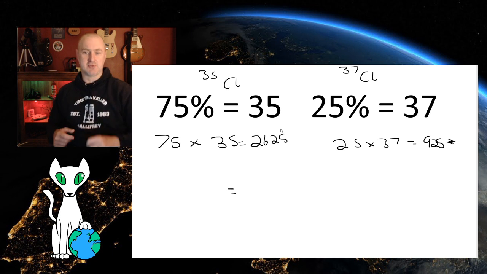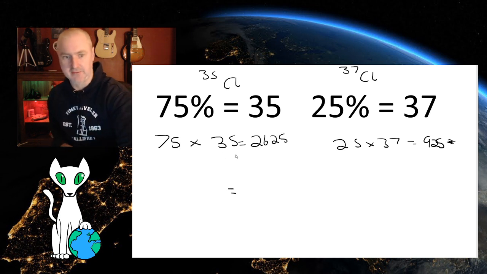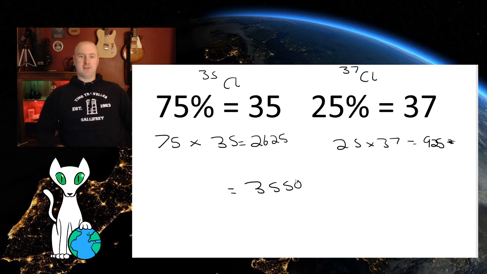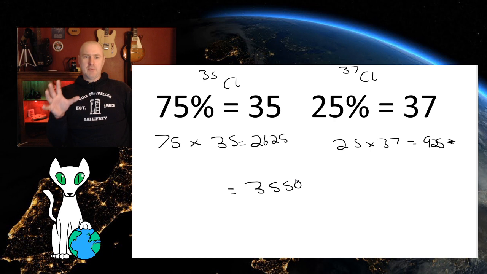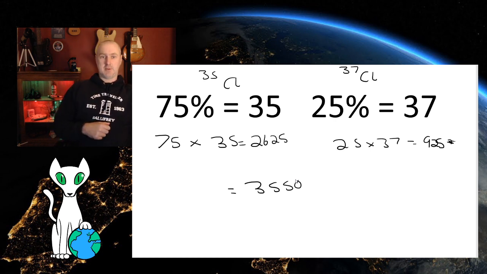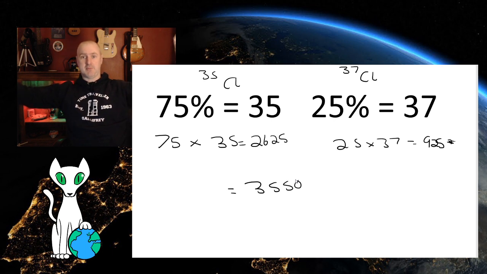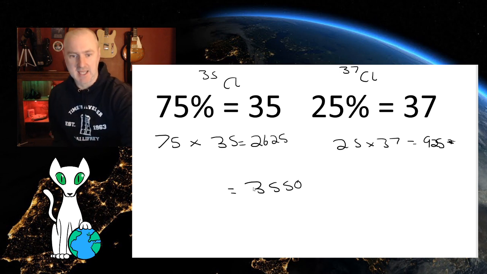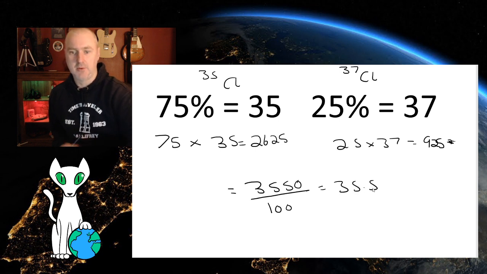So 2,625 plus 925 gives me 3,550. Now what we've effectively done there is taken 75% and added 25% of the other mass number, and we've now got 100%. What we want to do is divide that by 100 to get our average for one atom. So if I divide that by 100, that gives me 35.5.